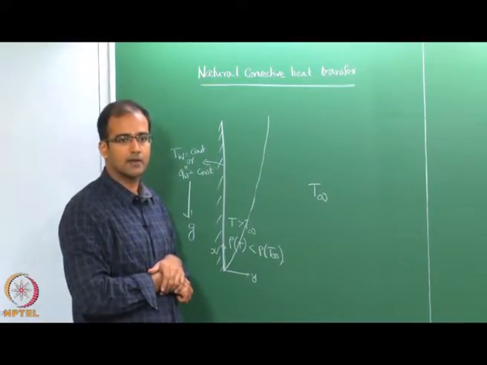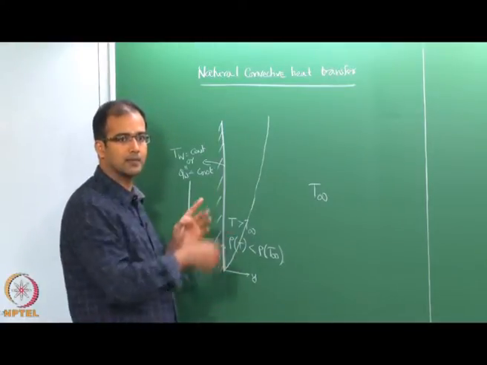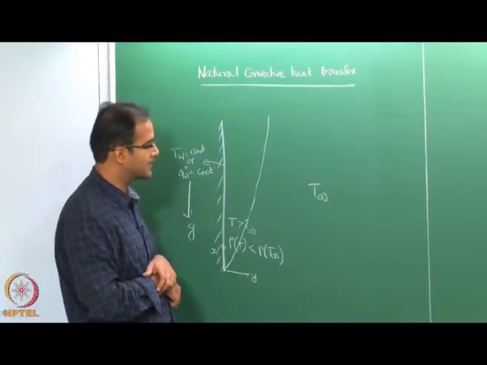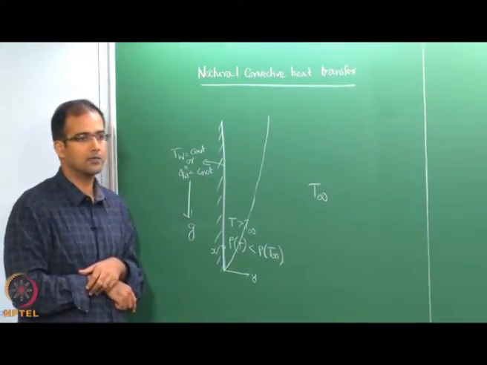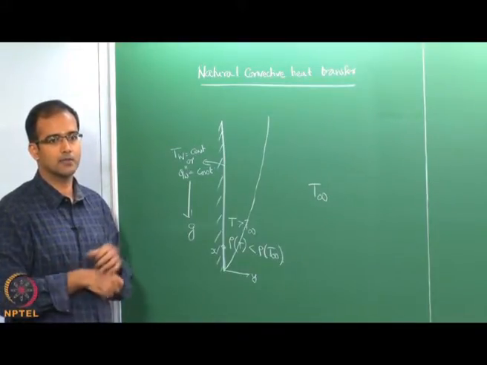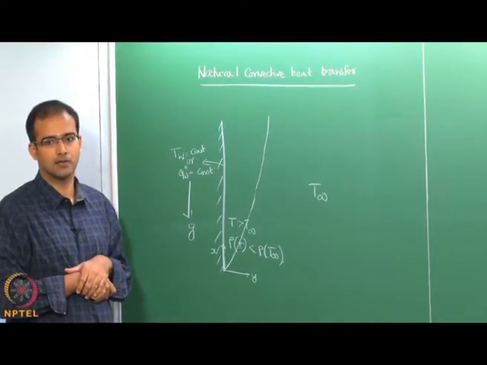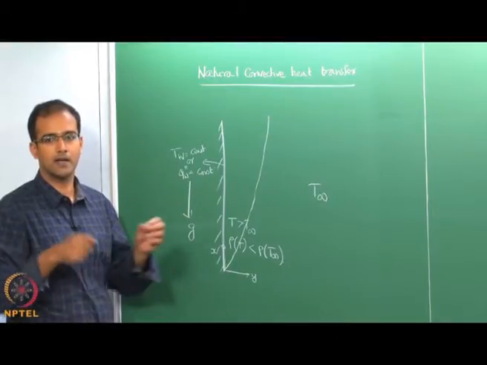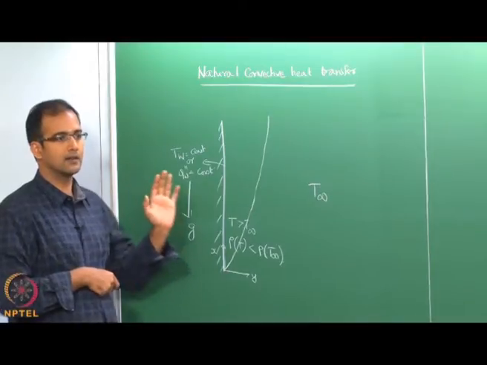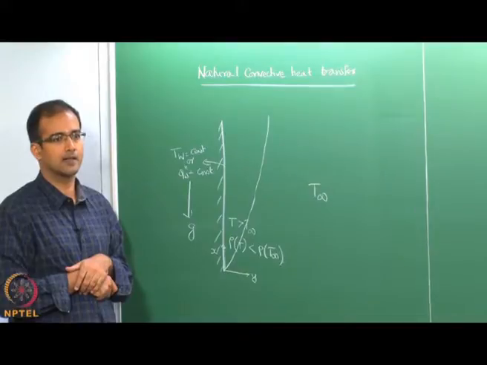This density difference will cause the lighter air which is in contact with the plate to rise up, and therefore, a boundary layer is formed. Now you can very clearly see that the cause for the boundary layer is essentially the temperature difference. So, the temperature difference is the driving potential in the case of natural convection, unlike the pressure gradient in the case of internal forced convection, or the external flow of air or water in the case of external boundary layers.